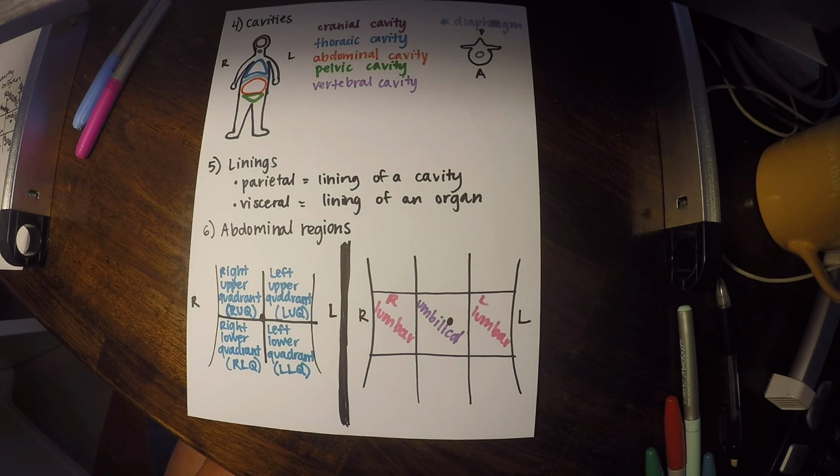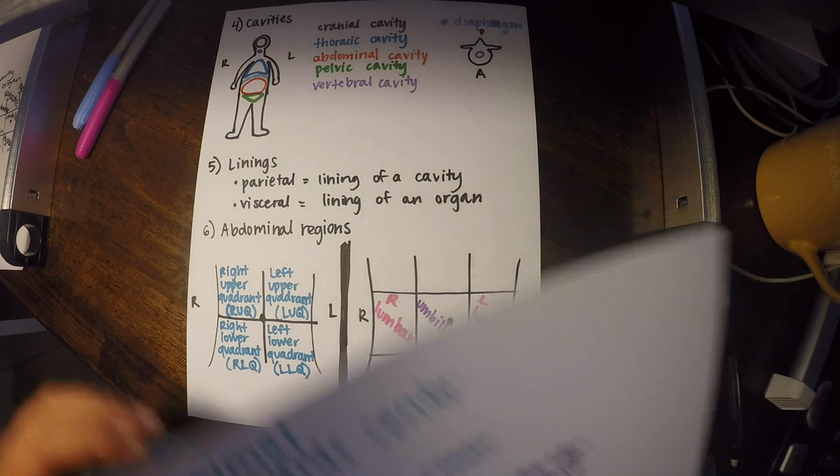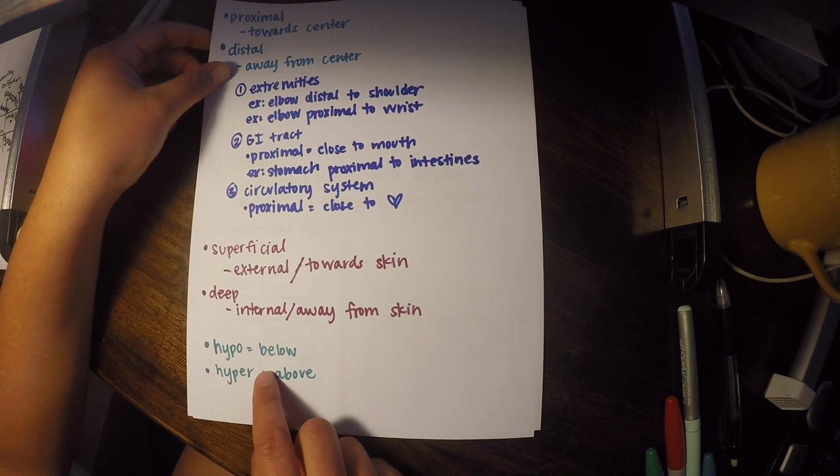Now, oh, you know what? I was talking about anatomical terms before, and we talked about hypo as below and hyper as above. So I'm going to bring that paper back for us.